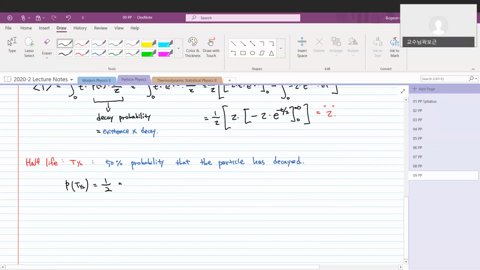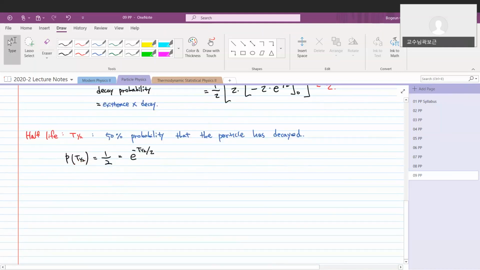So exponential minus T 1/2 over tau equals 1/2, then take the log of both sides.